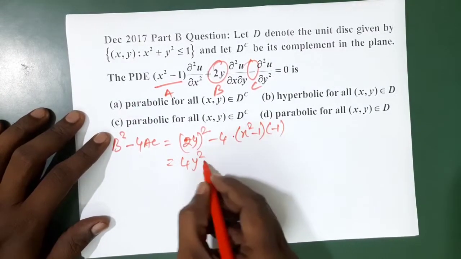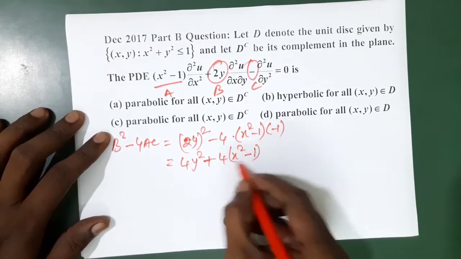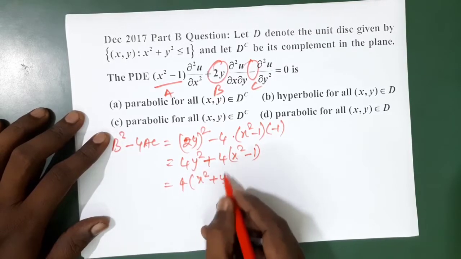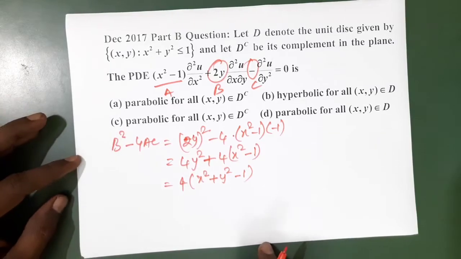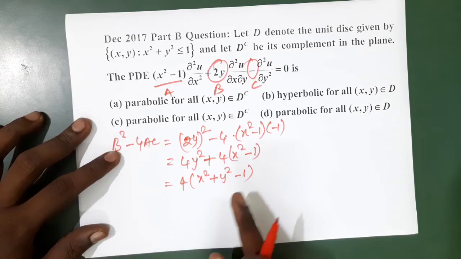This is 4y square plus 4x square minus 4. You can take common: 4 into x square plus y square minus 1. This is the discriminant we are getting.